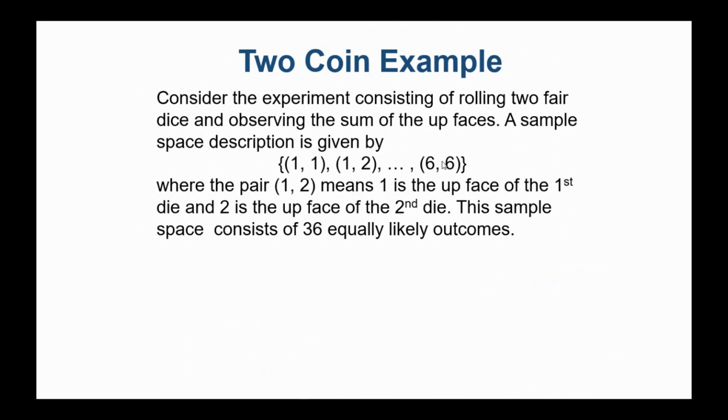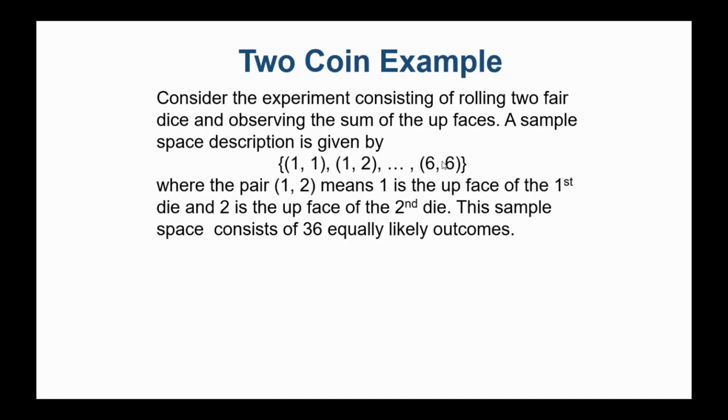Okay, so now, I don't know why it says coin example. This isn't coins we're dealing with. We're going to roll 2 fair dice, and we're going to observe the sum of their faces. So if we roll a 3 and a 4, 3 plus 4 is 7. That's what we want to look at. So our sample space is all the different possibilities when we roll a pair of dice.